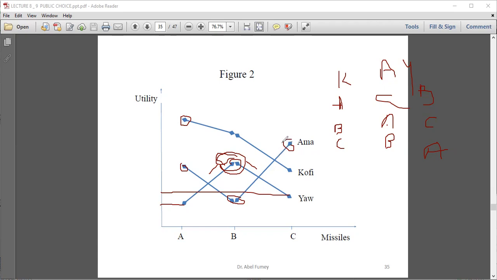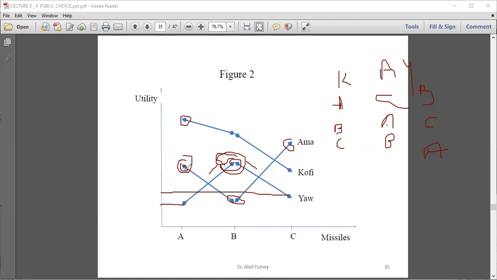when you stand at A is C. If you stand at C, C is one peak. If you move to the left, there's a reduction in utility up to point B. But then if you move again, you see that there's an increase in utility. So the utility is falling and increasing again. So this one to point A is another peak.